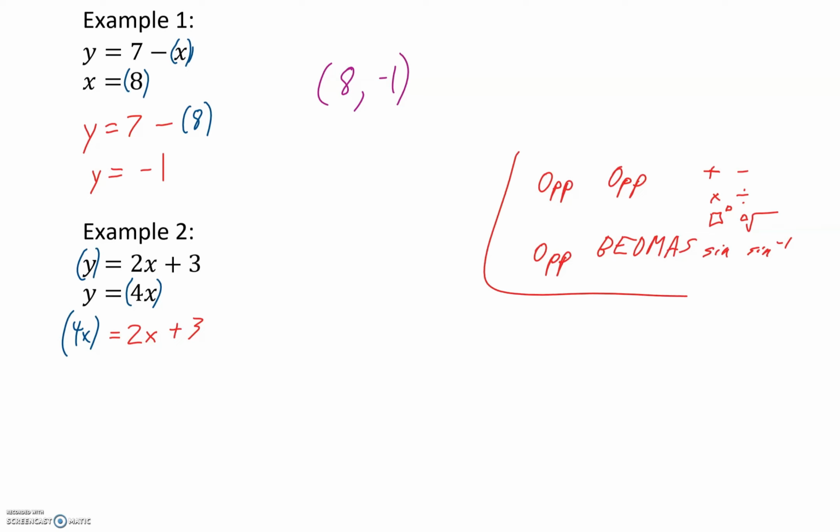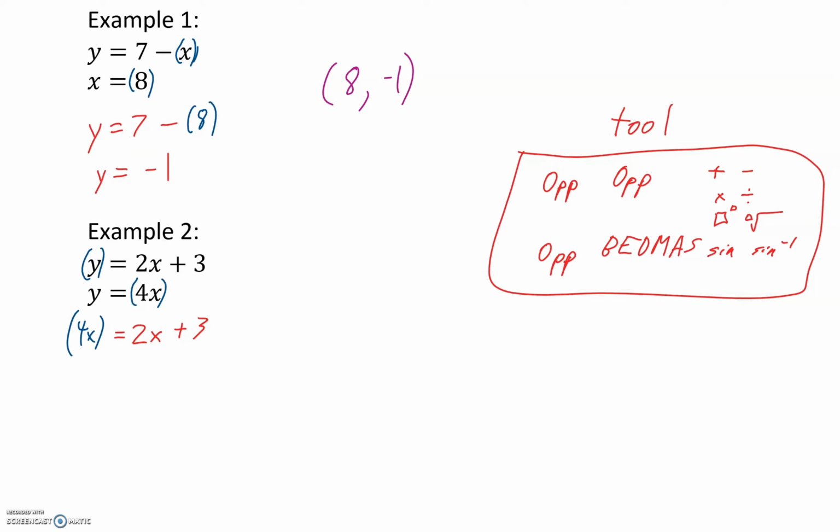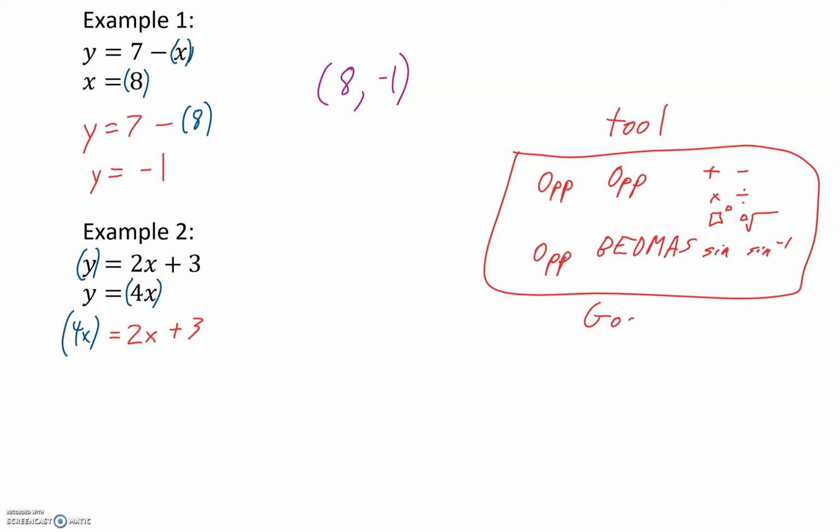Now this is the tool, okay, but what is the goal? The goal is to get your unknown on top and to get your unknown by itself.